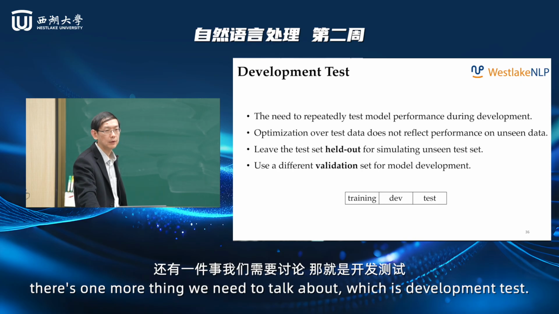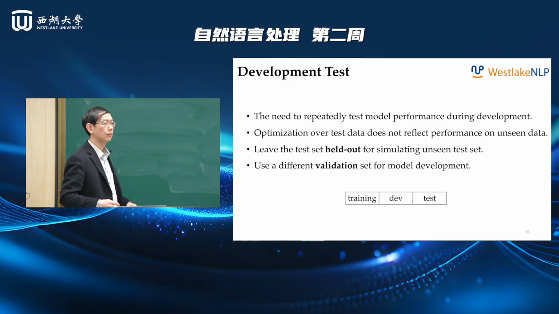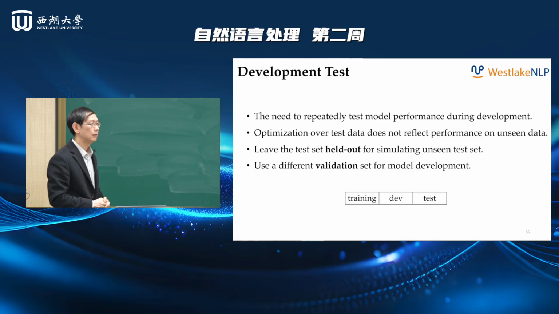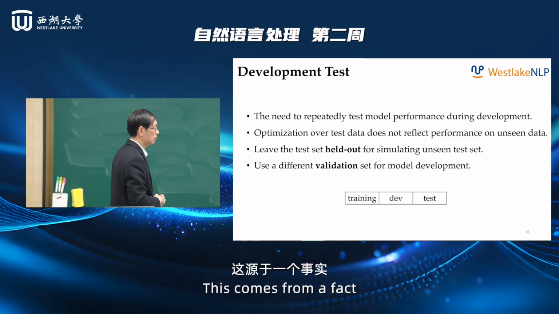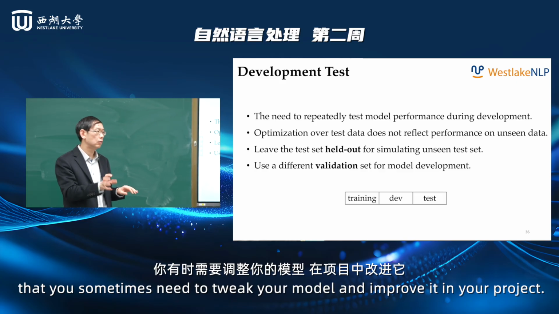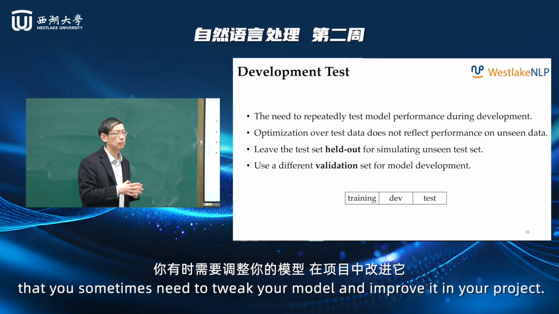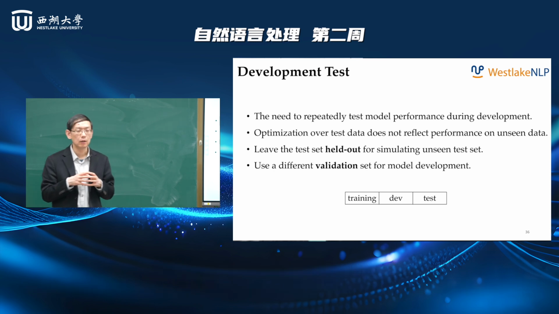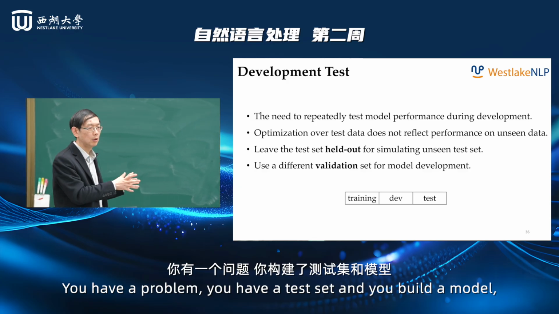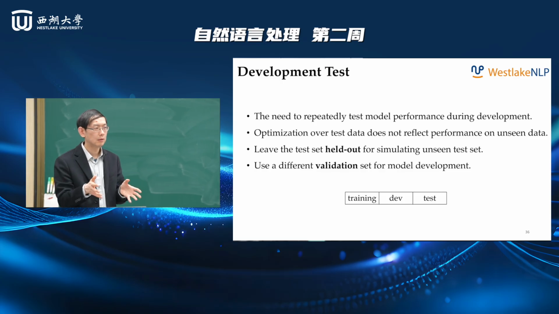Concerning evaluation, there's one more thing we need to talk about, which is development test. Why is this important? This comes from the fact that you sometimes need to tweak your model and improve it. In your project, I think you will do that. So you have a problem, you have a test set, and you build a model, and you know the test result.